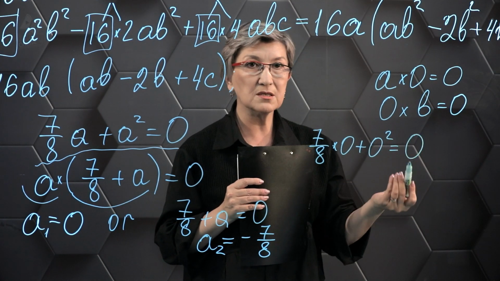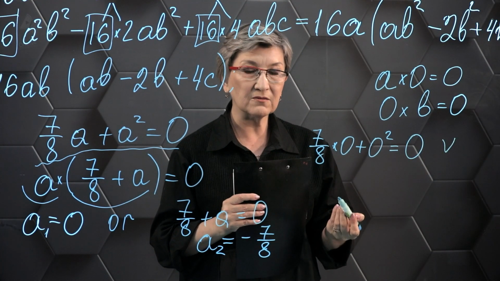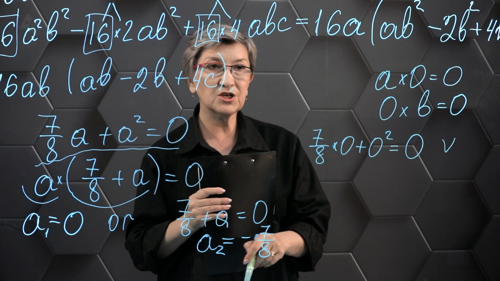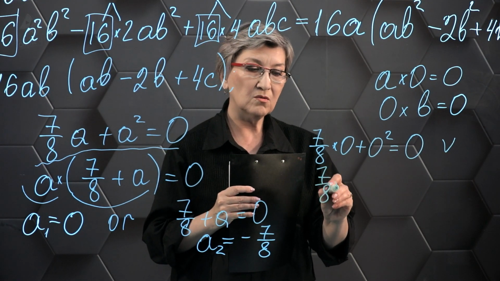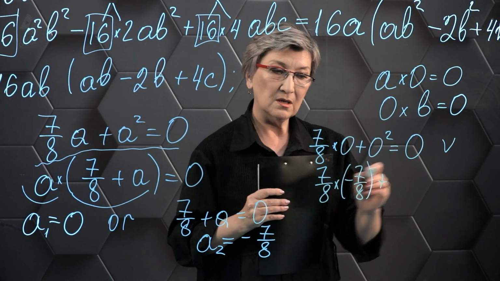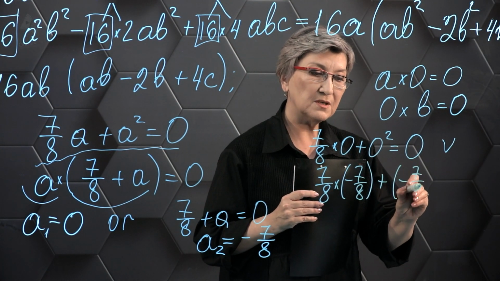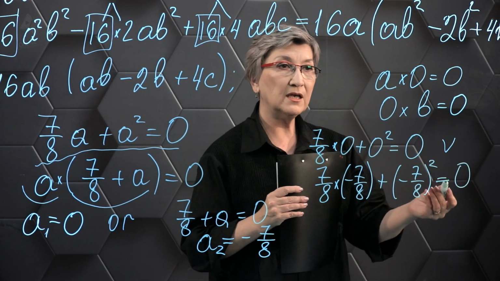So the result is 0. This is the truth. This is right. This is equality. If I put in minus 7/8, I write 7/8 times minus 7/8 plus negative 7/8 squared. It should equal 0. We will verify this statement now.